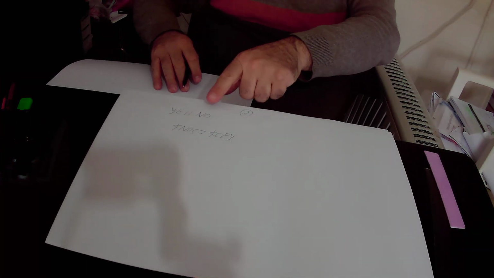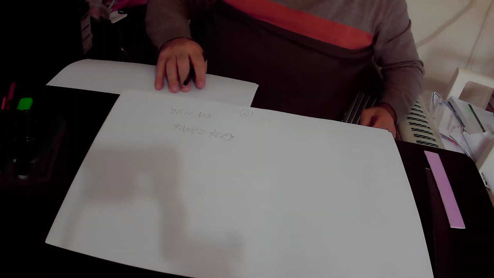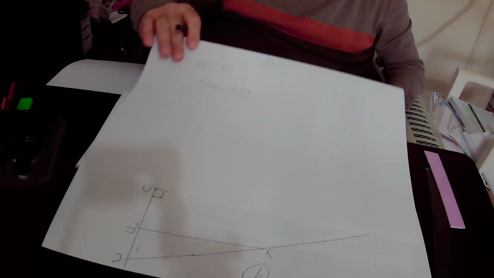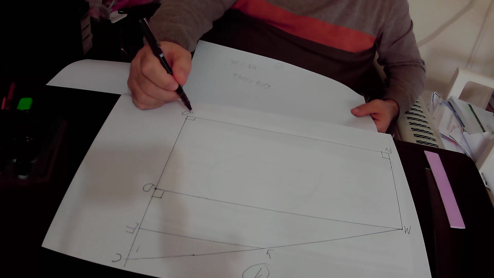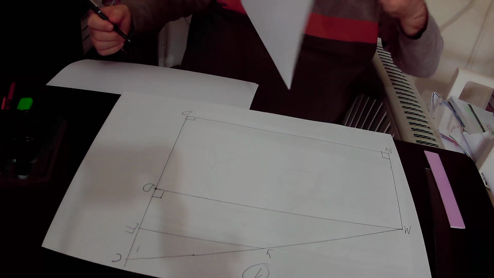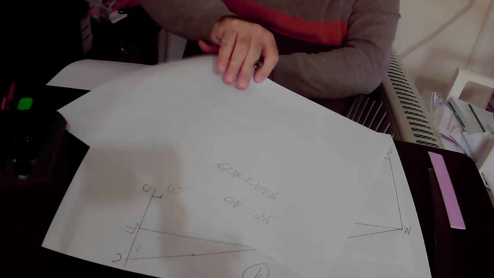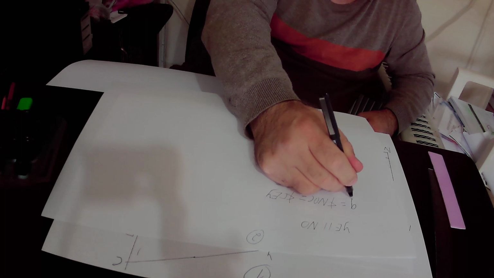So angle NOC equals angle CEY. But we know that angle NOC, this angle, is a right angle. That is to say, it equals 90 degrees.